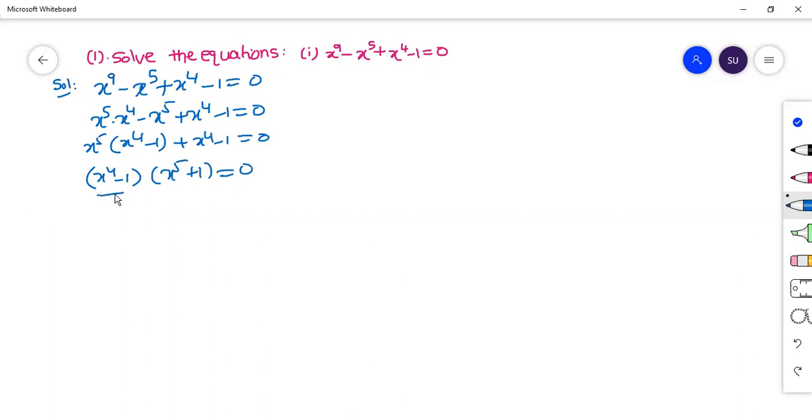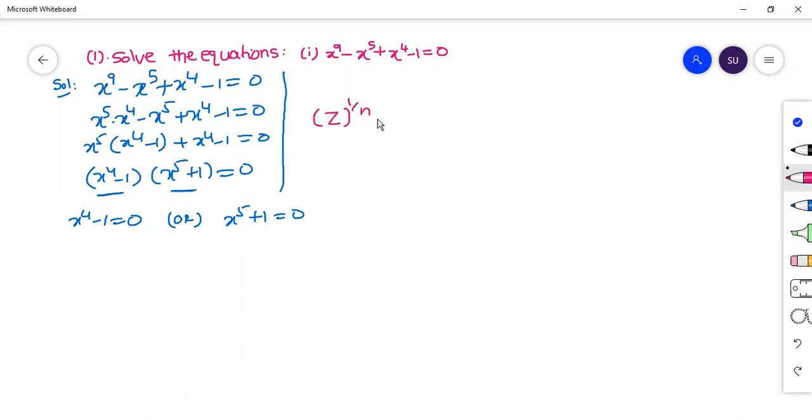Here we have two parts, first part and second part. That means what? Either x^4 - 1 = 0 or x^5 + 1 = 0. So basically, to find this we have one formula to find nth roots of a complex number.